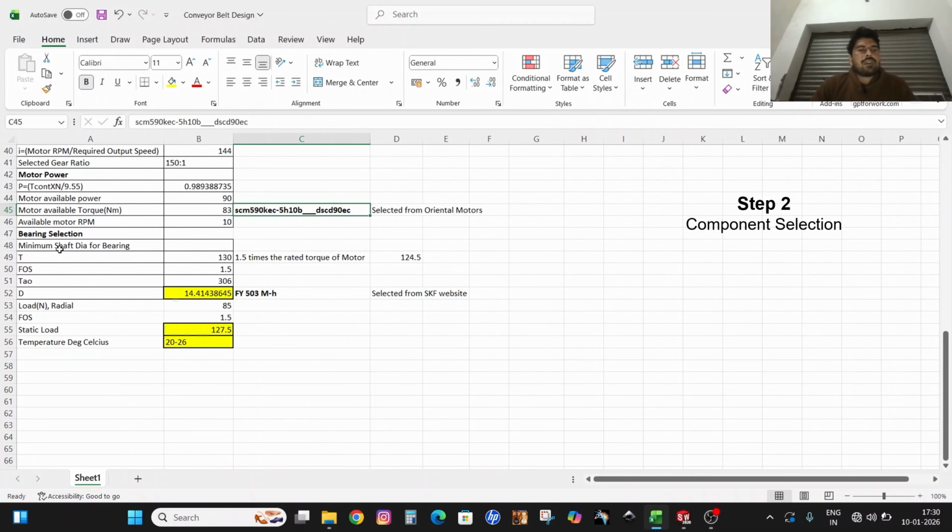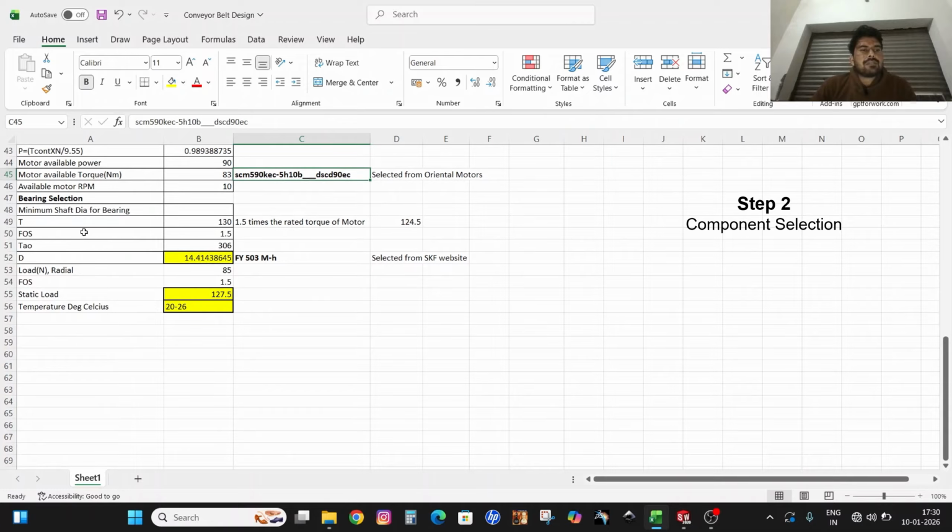Now the final step is the bearing selection. I am first calculating the minimum shaft diameter required for the bearing shaft. For that I have taken the torque as 113 Nm, factor of safety 1.5, and tau as 300, which is the maximum allowable shear stress for the SS material.